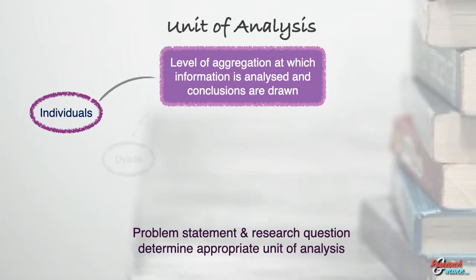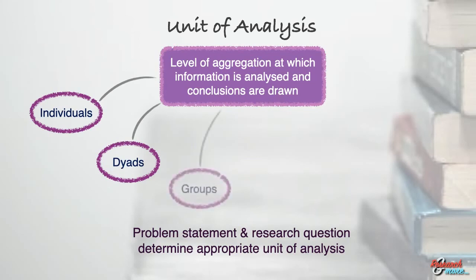If we are interested in studying two-person interactions, then several two-person groups, also known as dyads, will become the unit of analysis. However, if the problem statement is related to group effectiveness, or if we want to compare two groups, for example, group decision-making patterns, then the unit of analysis will be at the group level.